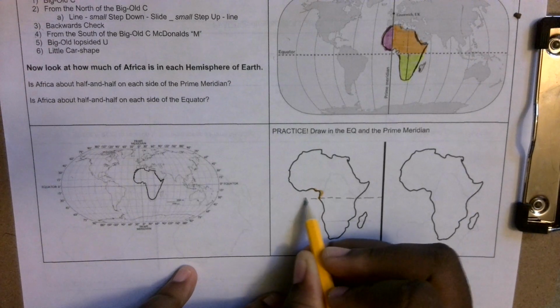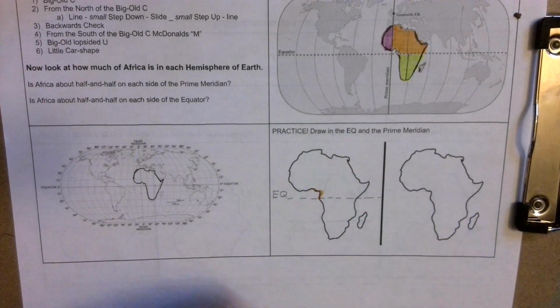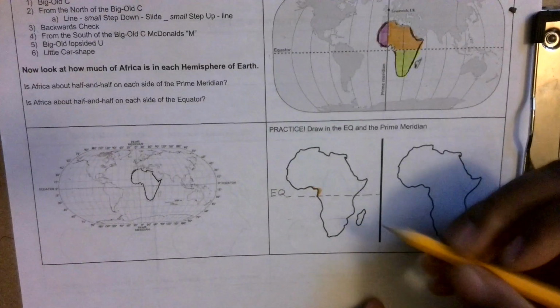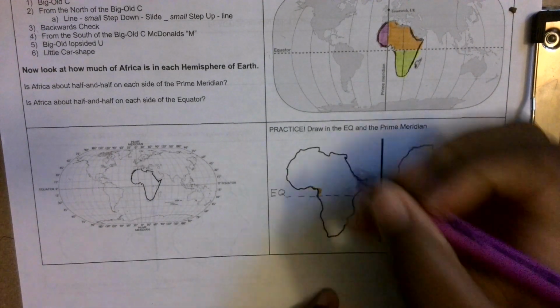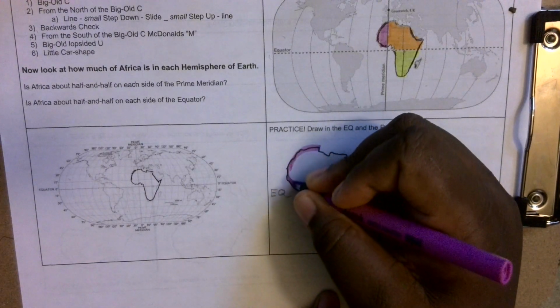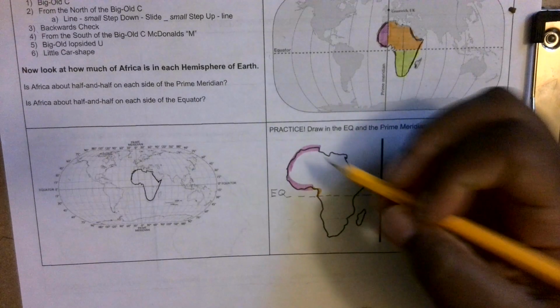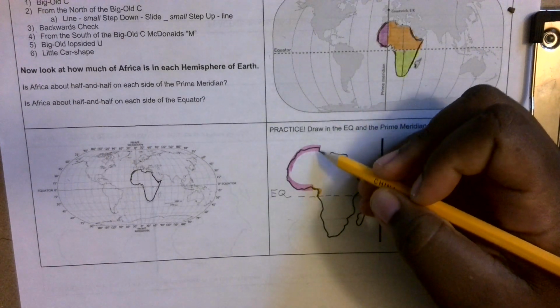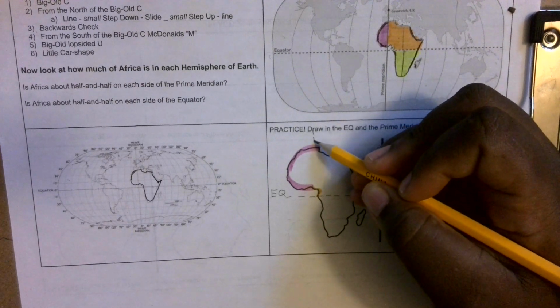It's not perfect, and it doesn't have to be absolutely perfect. There's the equator. Now for the prime meridian, I need to find my big old C shape. And so I visually find it. And that pretty much gives me a close approximation for where the prime meridian would go. Again, it's not perfect.